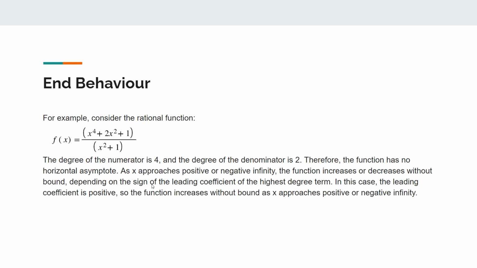For this last one, the degree is 4 on the numerator and the denominator is degree 2. Therefore, the function has no horizontal asymptote. So again, as x approaches positive or negative infinity, the function increases or decreases without bound, which depends on the leading coefficient of the highest degree term, which is positive.